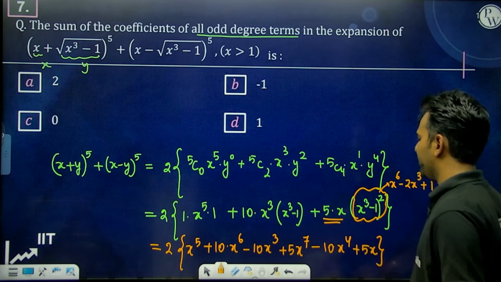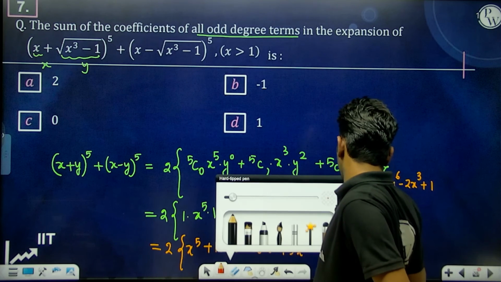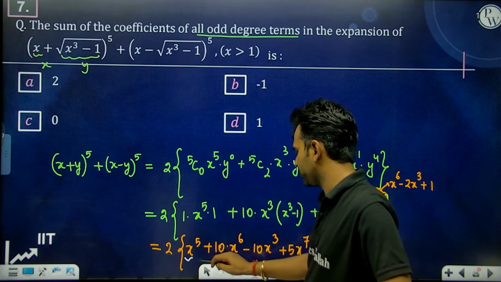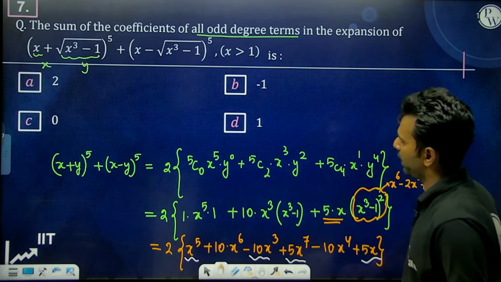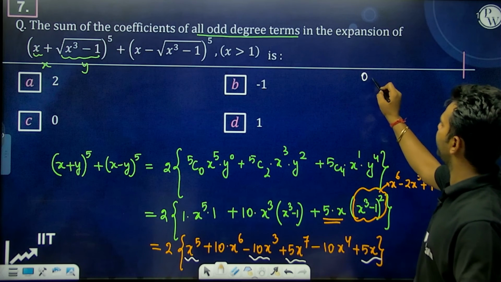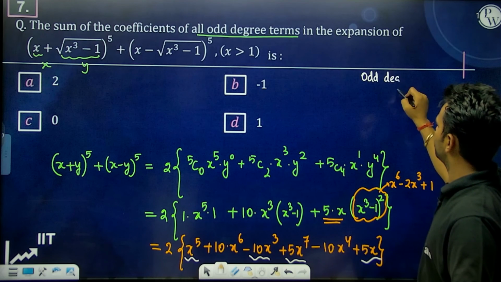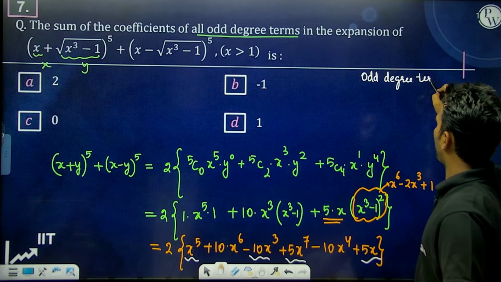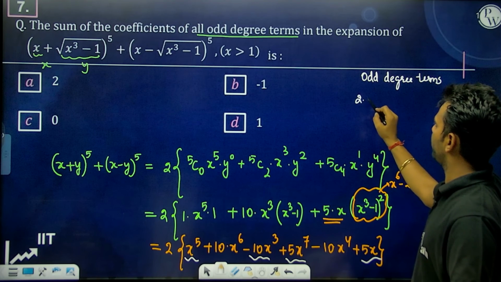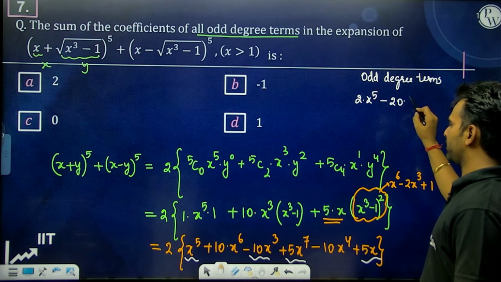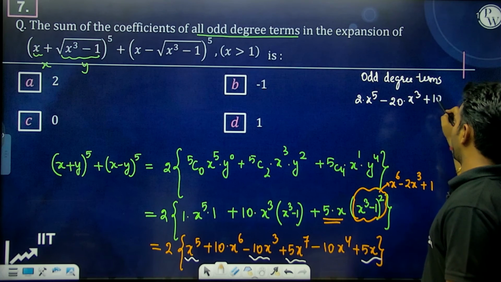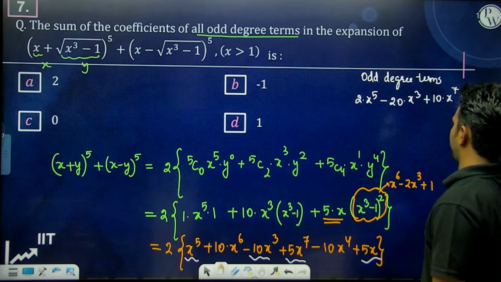Can we identify odd degree terms from here? If you see the odd degree terms, it is going to be 2x^5 - 20x^3 + 10x^7 + 10x.